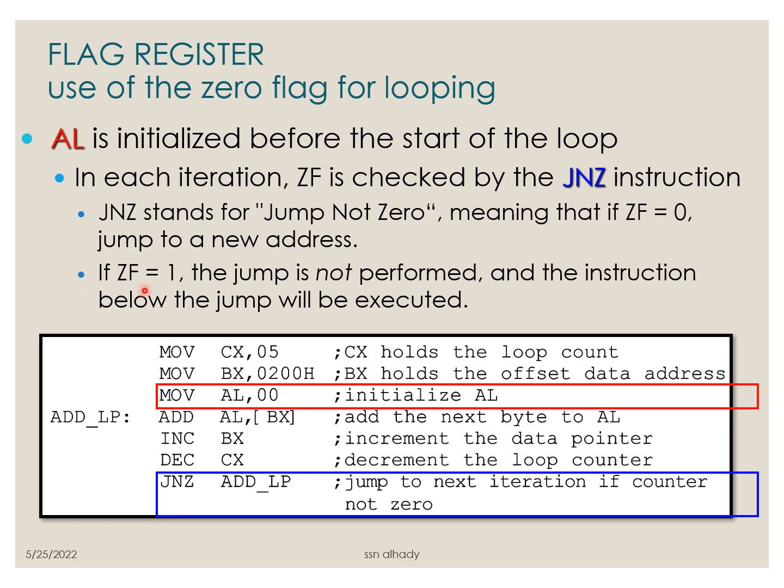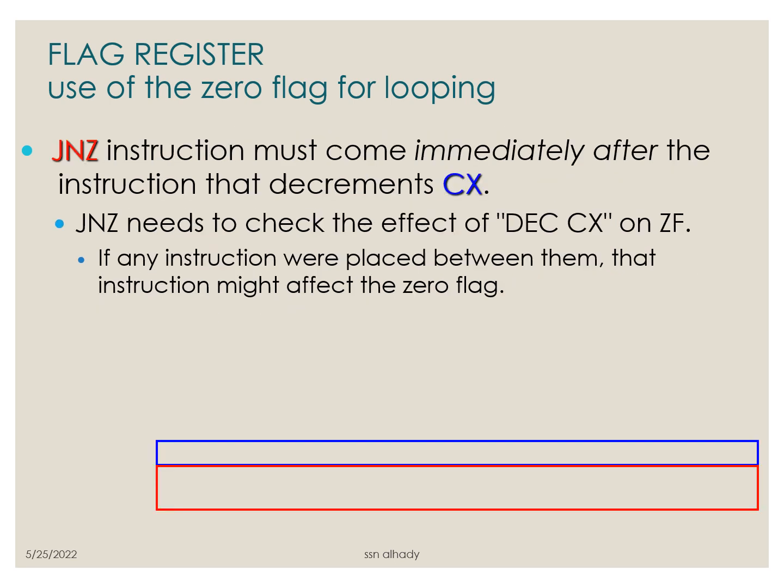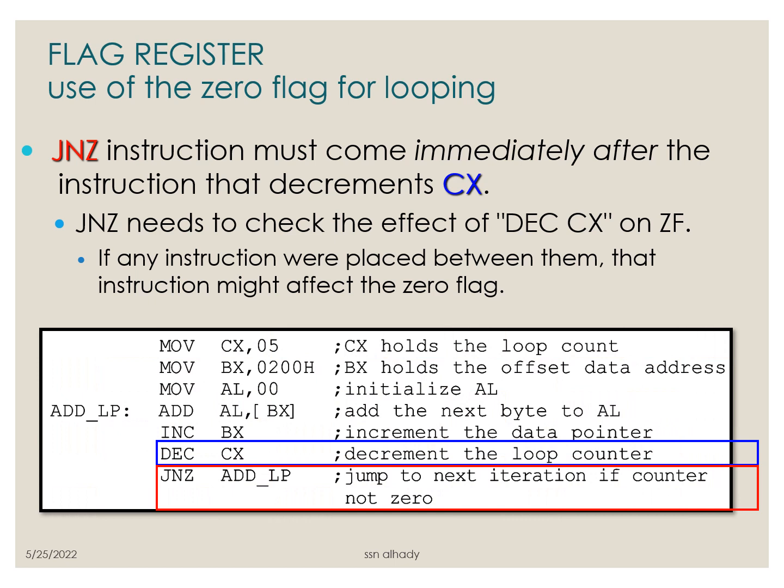If ZF is 1, then the jump is not performed, and the instruction below the jump will be executed. A jump instruction must come immediately after the instruction that decrements CX.